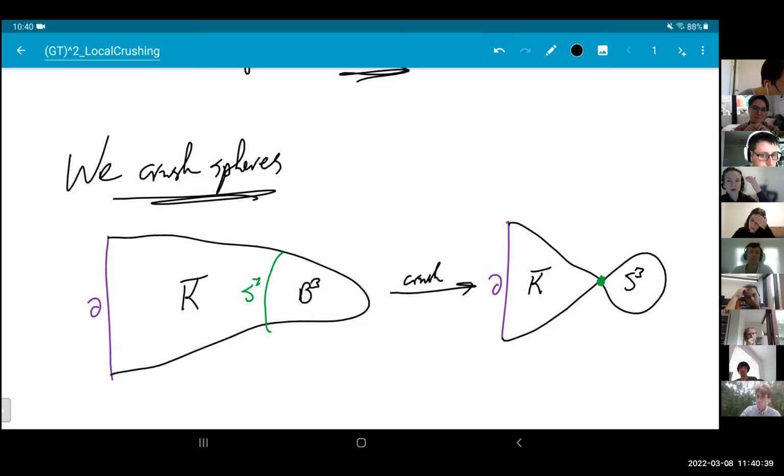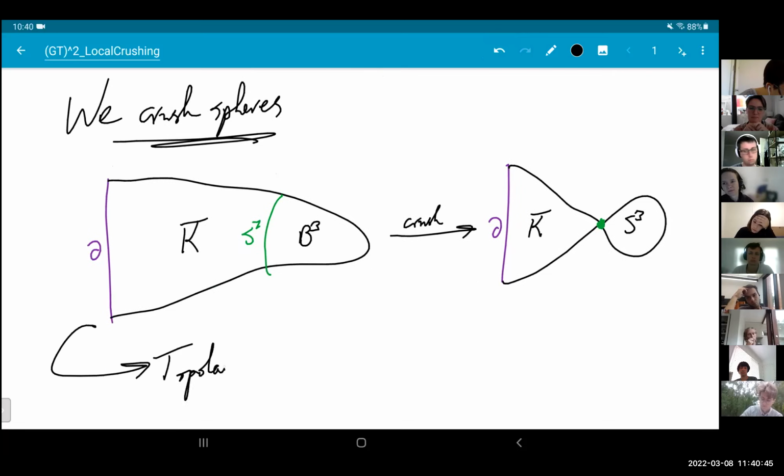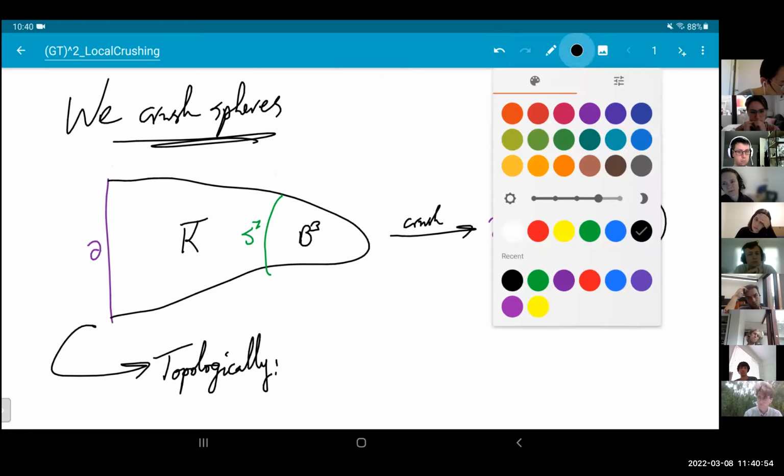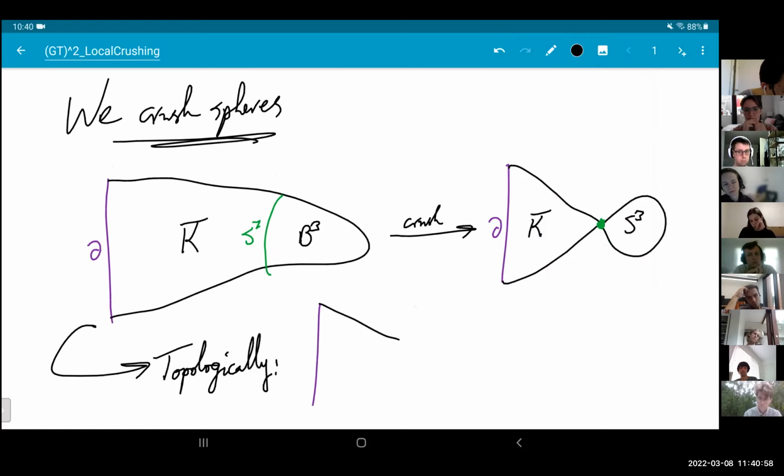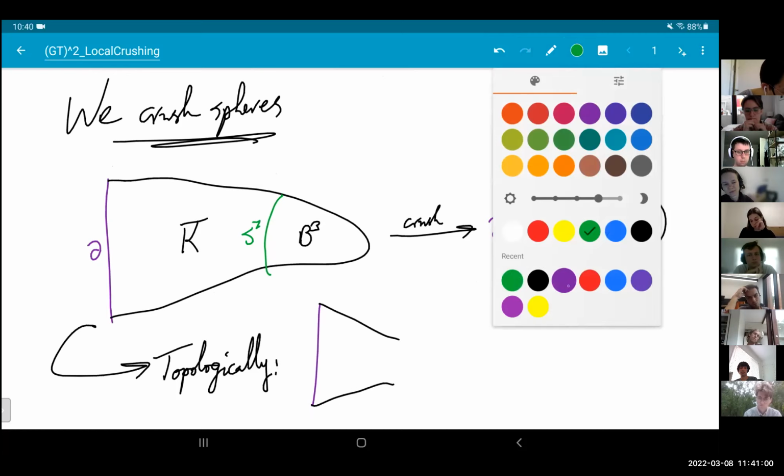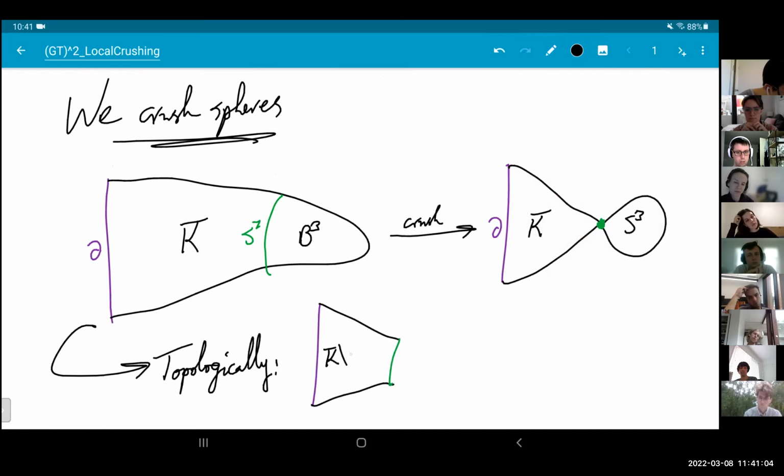Topologically, what's happened is we've cut along the sphere, which gives you K bar minus a ball.